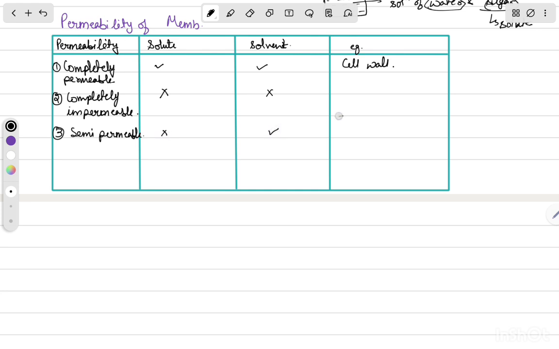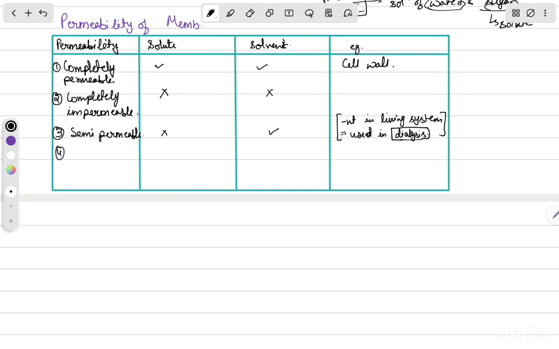Semi-permeable membrane is not present, or we can say it is absent in living system, right? Where it is used? It is used in dialysis machine. In dialysis machine, the membrane used is semi-permeable type of membrane.